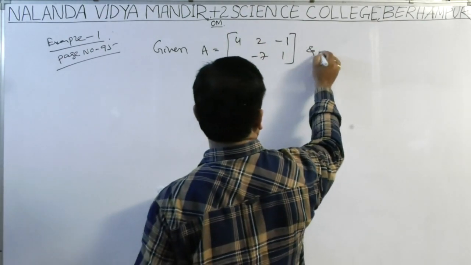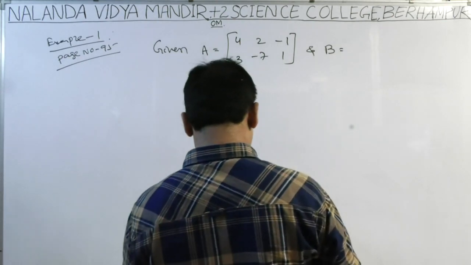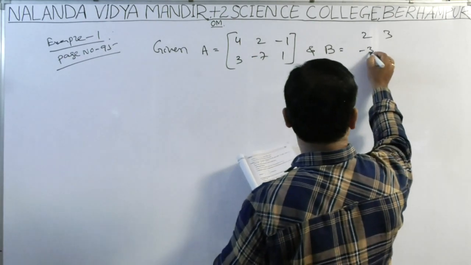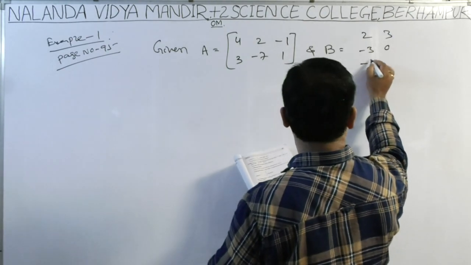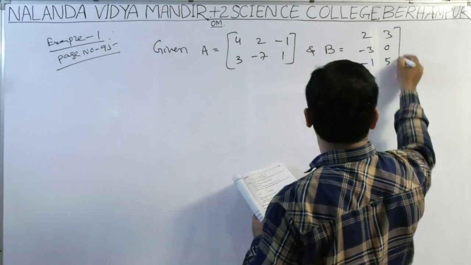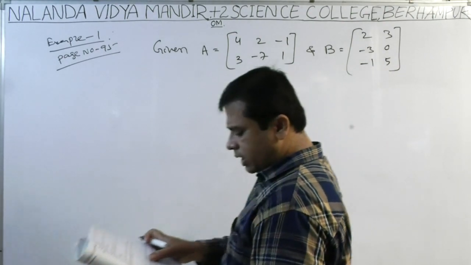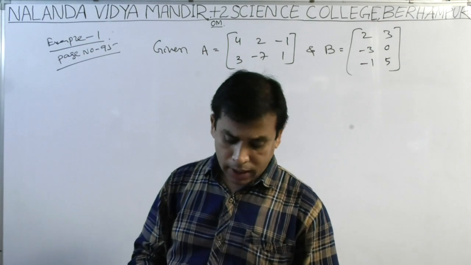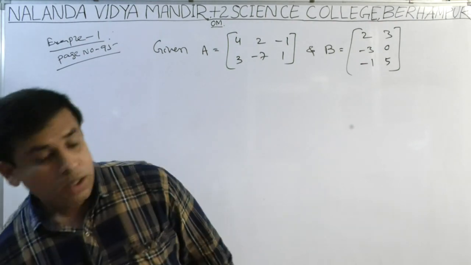And another matrix B is also given: first row 2, 3, second row minus 3, 0, and third row minus 1, 5. Now it says find A plus B, A minus B, AB and BA whenever it is possible.